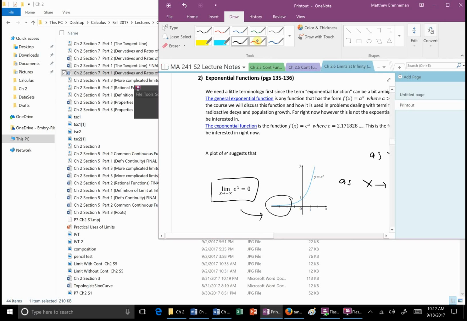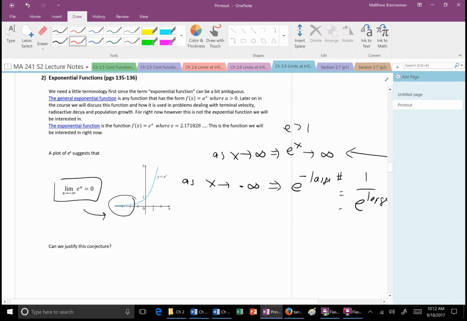And I'm going to claim that these two things are actually the same. I'm going to claim that the limit as x goes to negative infinity of e to the x, which is 0, is also equal to the limit as x goes to infinity of e to the minus x. Okay? Nothing up my sleeves, right?